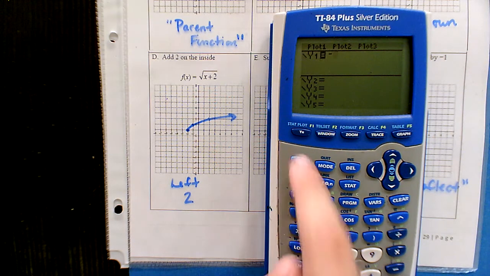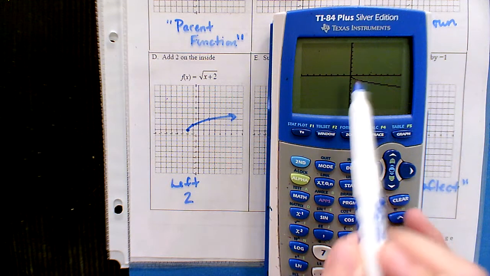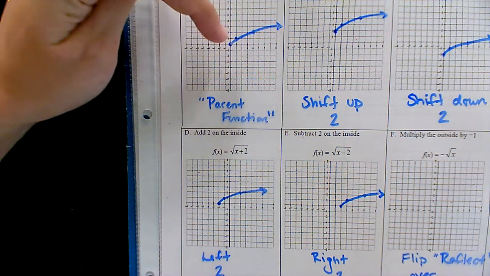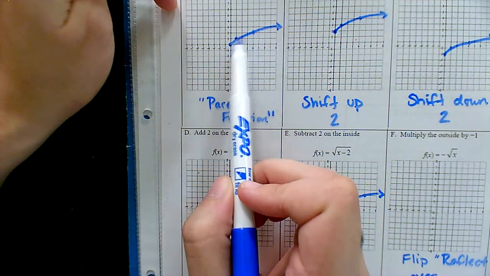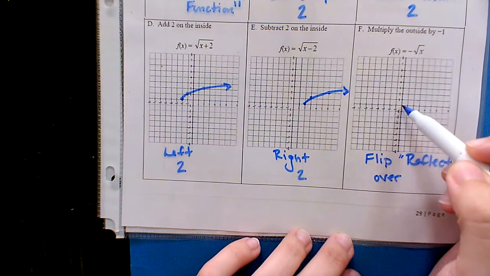All right, so negative on the outside, and then the square root of x. And it looks like he was right. Do you see how it flipped upside down over that x-axis? So what you're going to do with your parent function is you're going to take every point, and instead of being maybe up 1 unit or up 2 units, you're now going to reflect that or flip it.